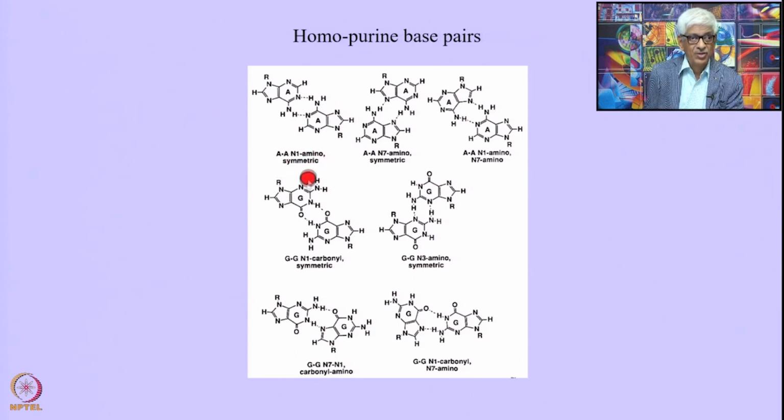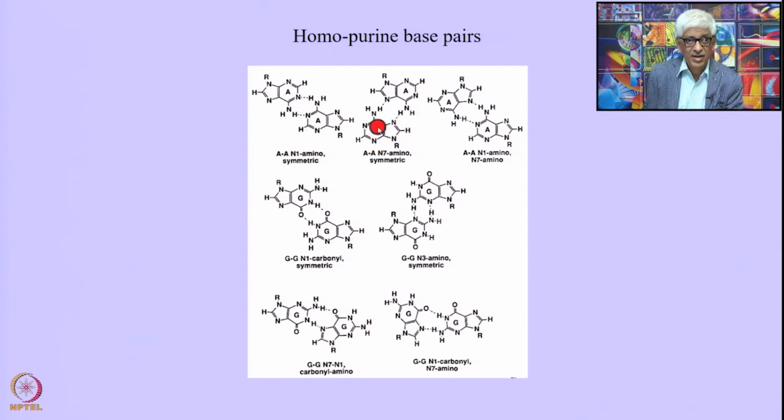One of the protons is the amino and the other one is the nitrogen. So you have here the amino of this hydrogen bonded to this nitrogen here of the 6 membered ring, and similarly the 6 membered ring of this is paired to this nitrogen here of A. This is one, AA-N1 amino symmetric base pair.